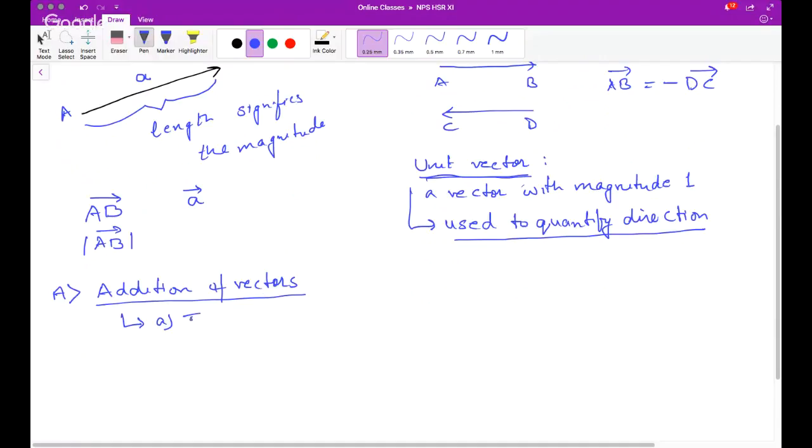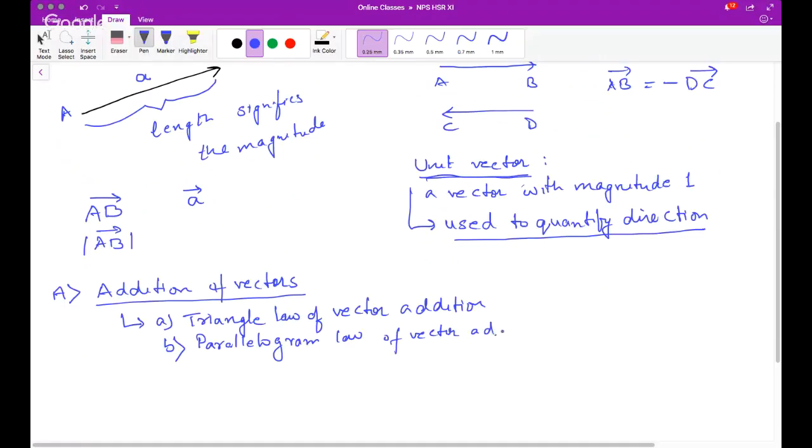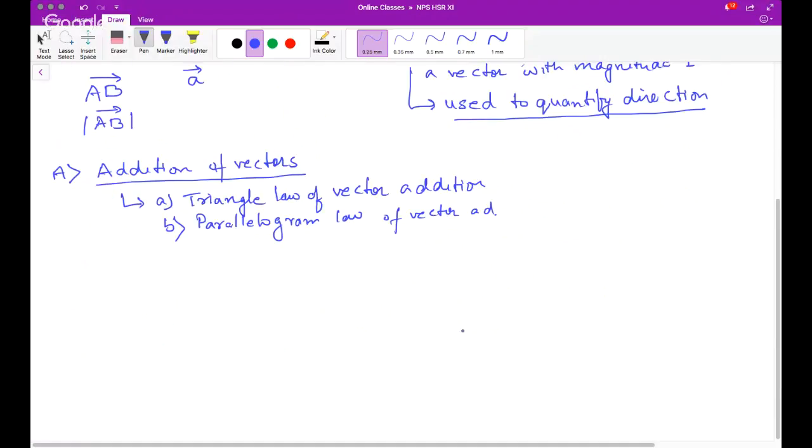First was the triangle law of vector addition, and we also learned the parallelogram law of vector addition. So we will see both. I'm not going to derive the relationships because it will take time. We will here only revise the concept.